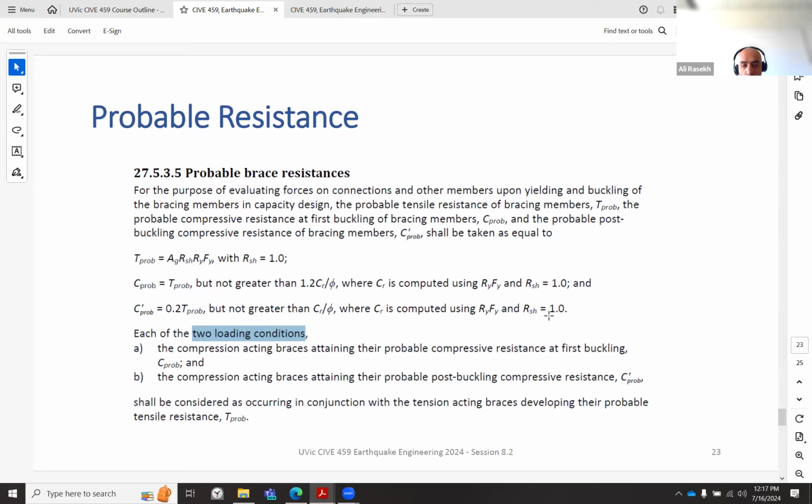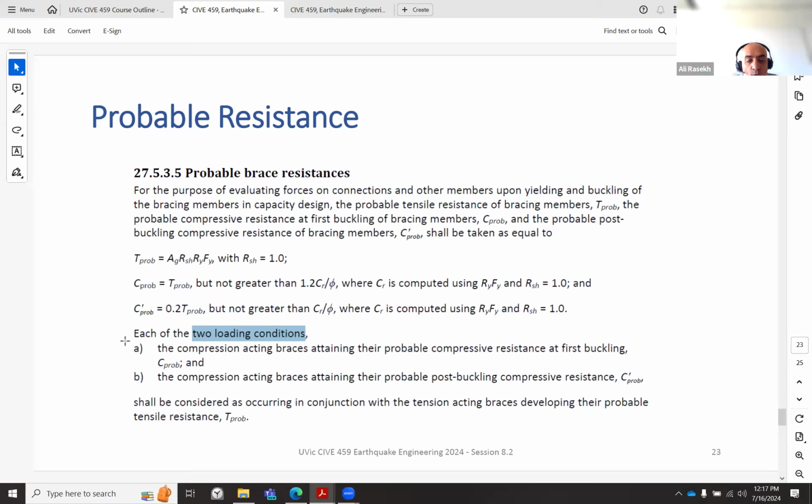RSH, I barely use it, so it looks like it's always 1. So just ignore RSH. We are mostly discussing Ry multiplied by Fy. That's an important factor for us. And C prime, the post-buckling capacity, is 20% of the tension capacity, but limited to CR over phi, similar to the above equation.